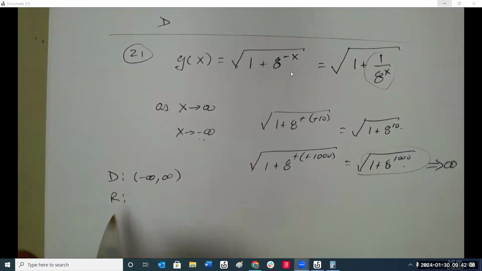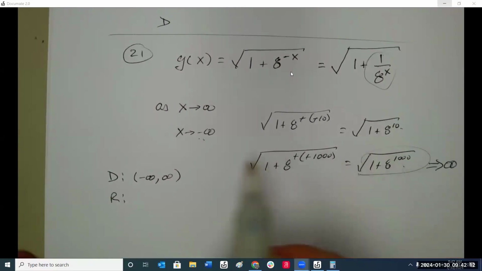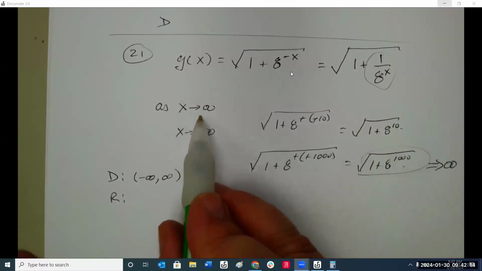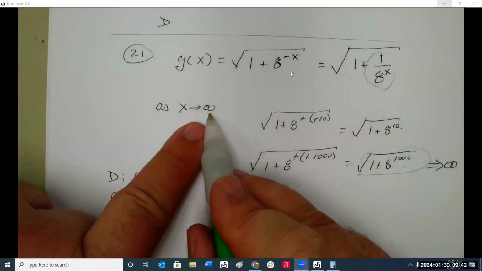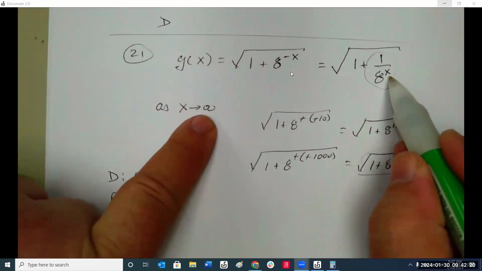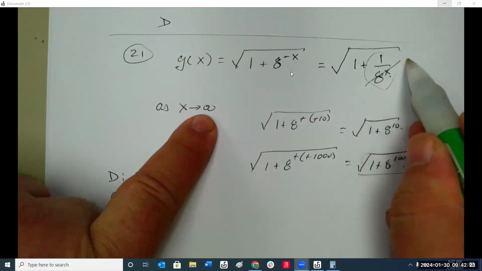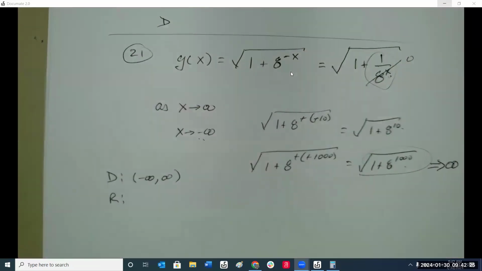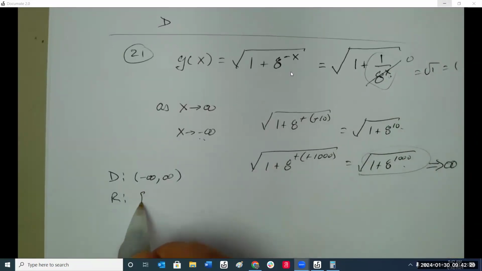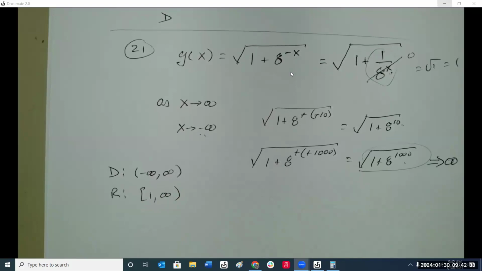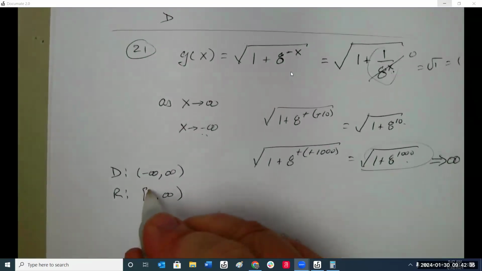The range. Remember, we said that as x goes to infinity, this number here eventually gets so small it goes to 0. So we get square root of 1. So our range goes from 1 to infinity.